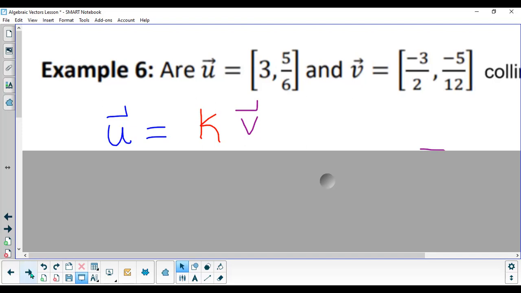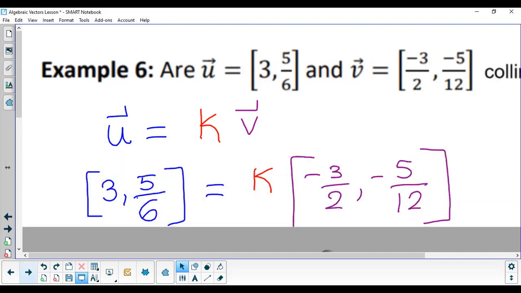That's what we're trying to prove here, and this might refresh some memories from MCR. How I'm going to set that up first is to write out my vectors. The component form of vector u has to be equal to k times, in square brackets, the component form of vector v.